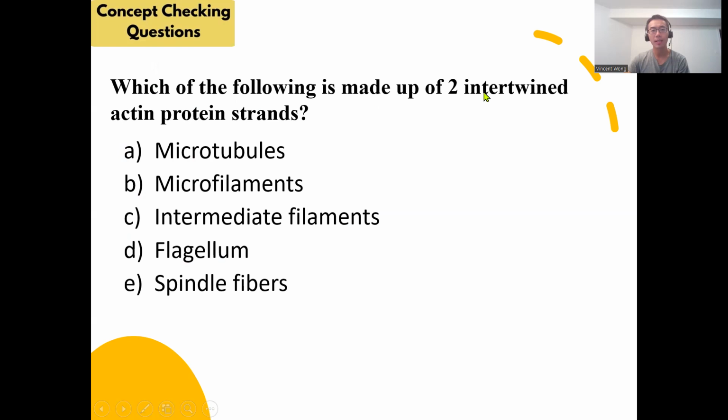Which of the following is made up of two intertwined actin protein strands? Do you remember? It's the one with the two red strands. What do we call that?